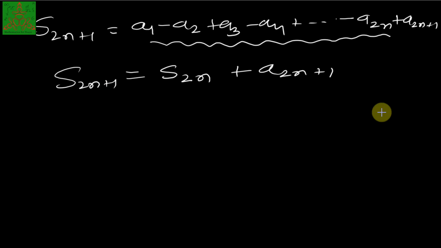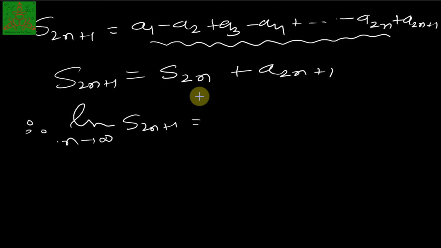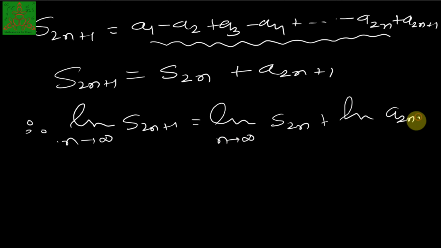If I take the limit on both sides, the limit of S_(2n+1) as n tends to infinity, by the property of limits, limit of a sum is the sum of the limits. We will write that it is the limit of S_(2n) as n tends to infinity plus the limit of a_(2n+1) as n tends to infinity. We already proved that the limit of S_(2n) is S, plus we are given that the limit of an is 0.